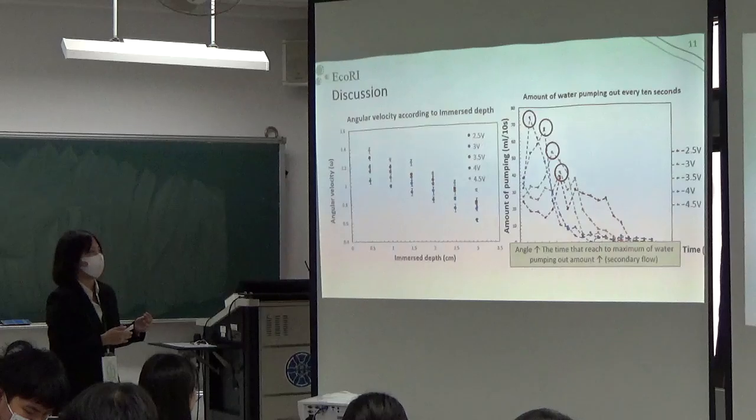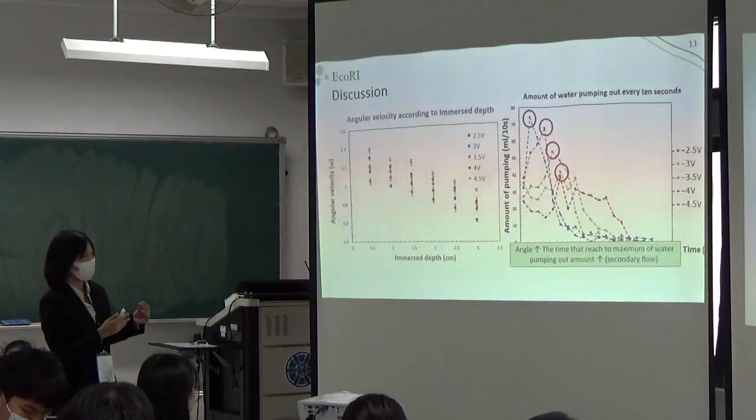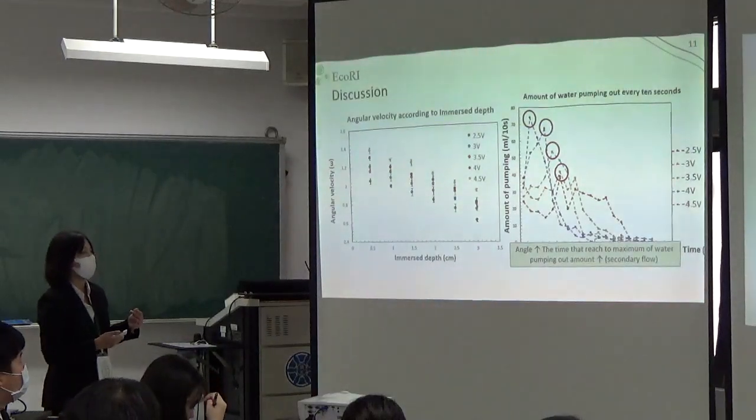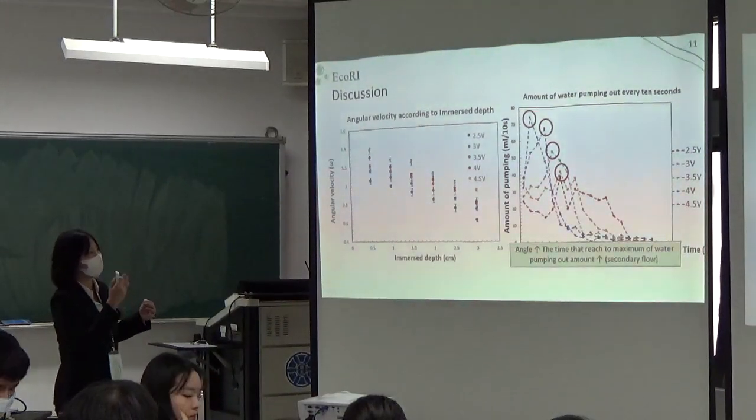Okay, and in this part we can find that when the voltage of the power circulator increases, the time to reach the maximum water pumping out amount will decrease.